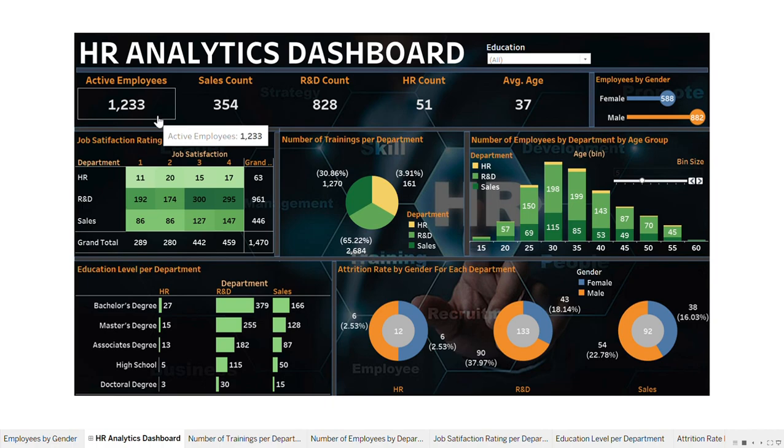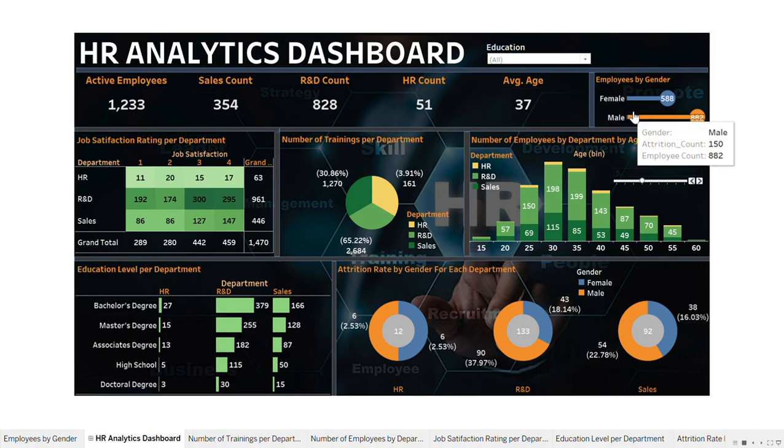It will give you the number of active employees, number of employees in the sales department, number of employees in the R&D department, number of employees in the HR department, and the age group of all the employees that you have in your company.